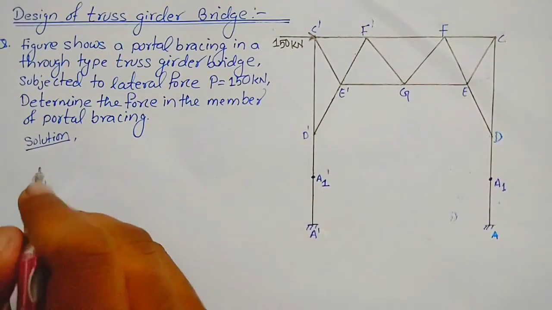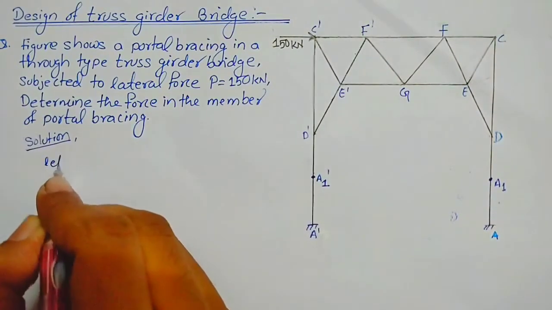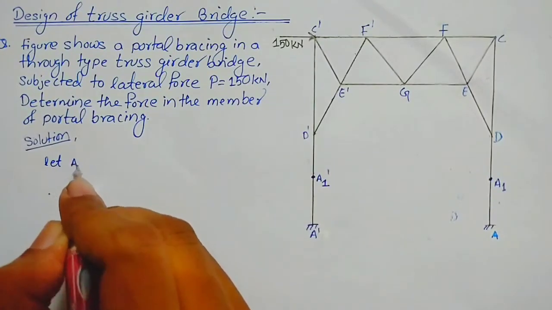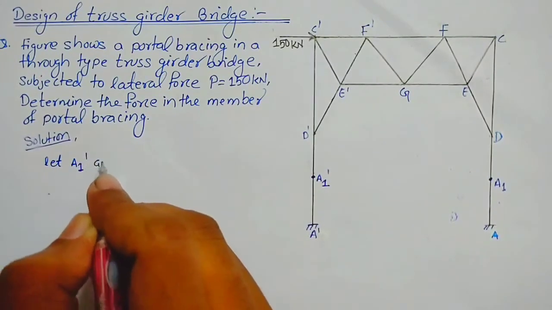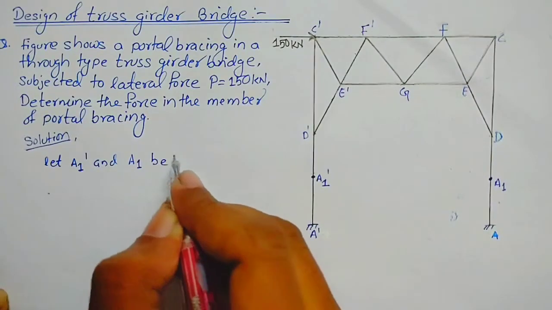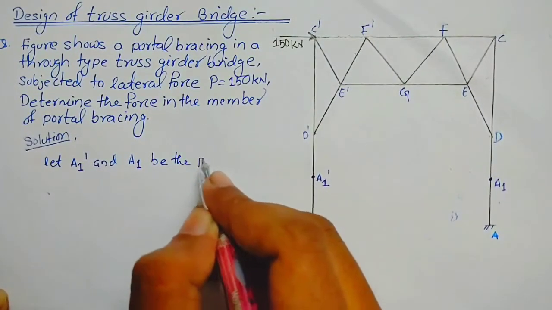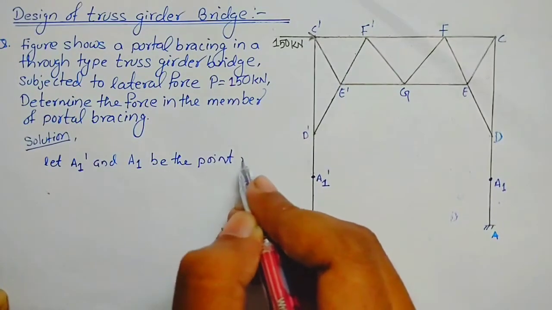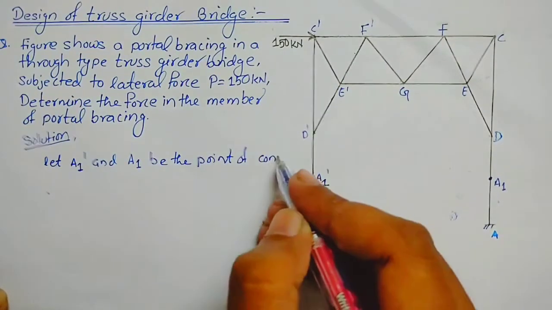The first assumption is, let A1 dash and A1 be the points of contraflexure.